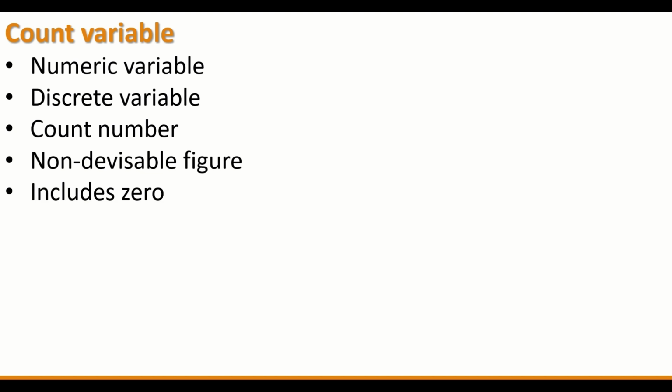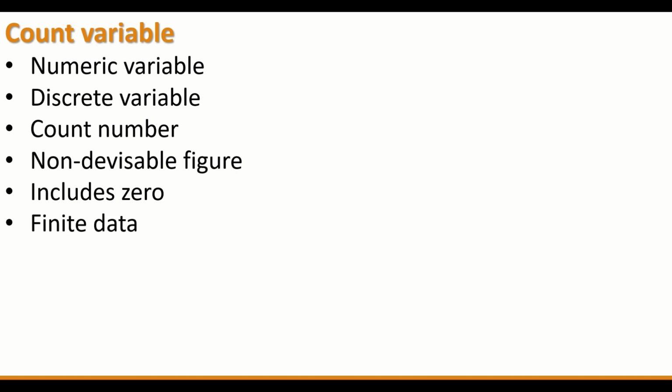It does include 0. So if you have data and it is a countable variable or count variable, then it may include 0 or it may not include 0. So 0 and numeric variables that are non-divisible.